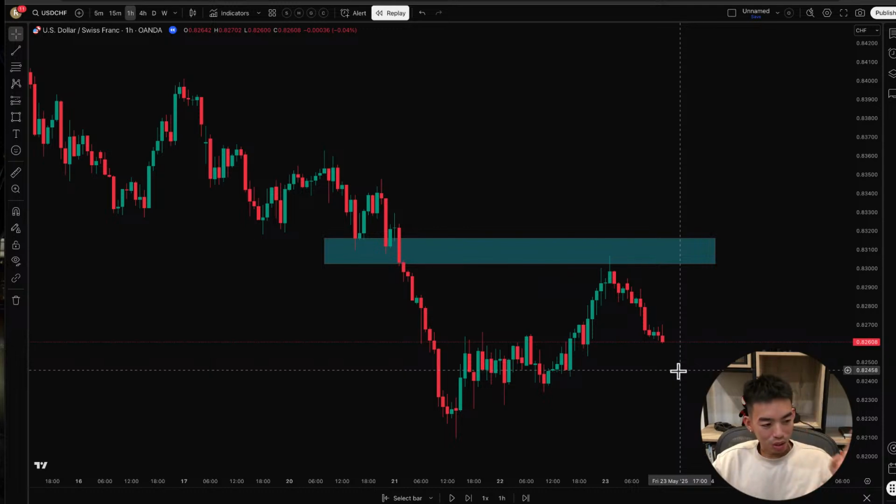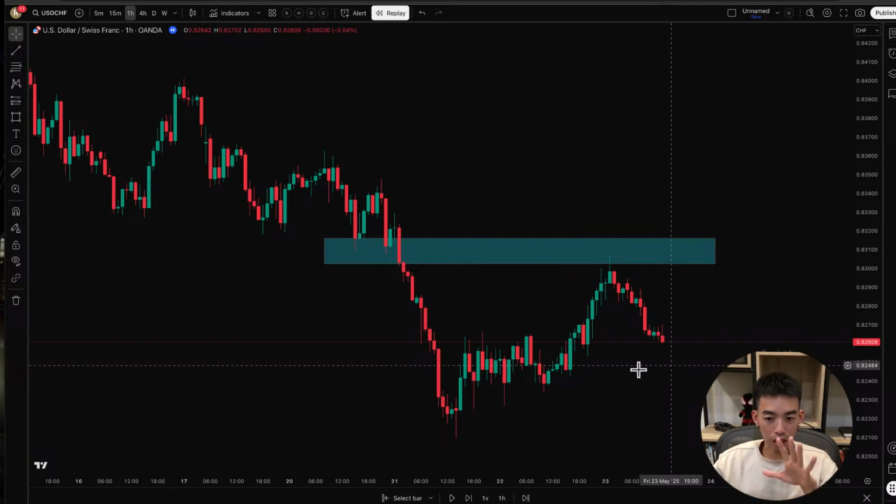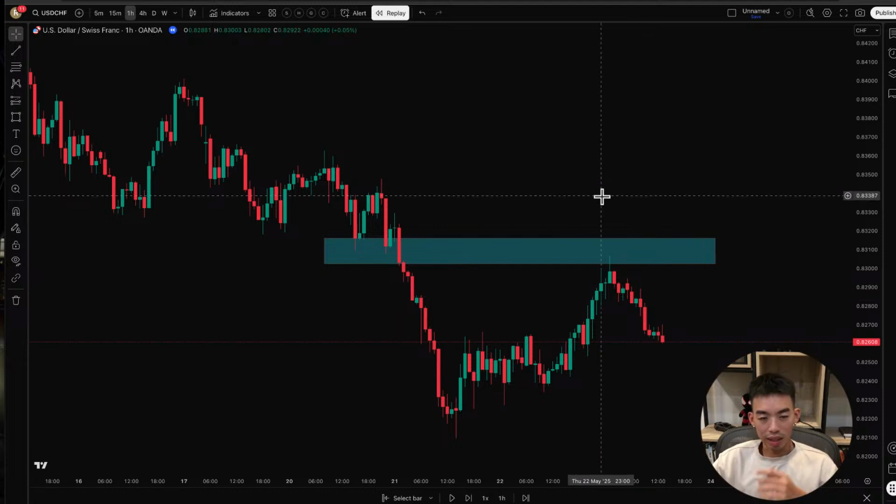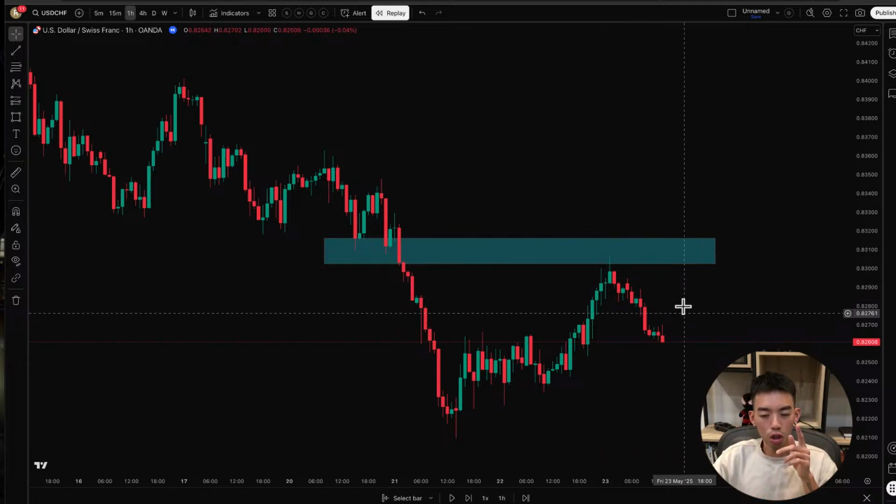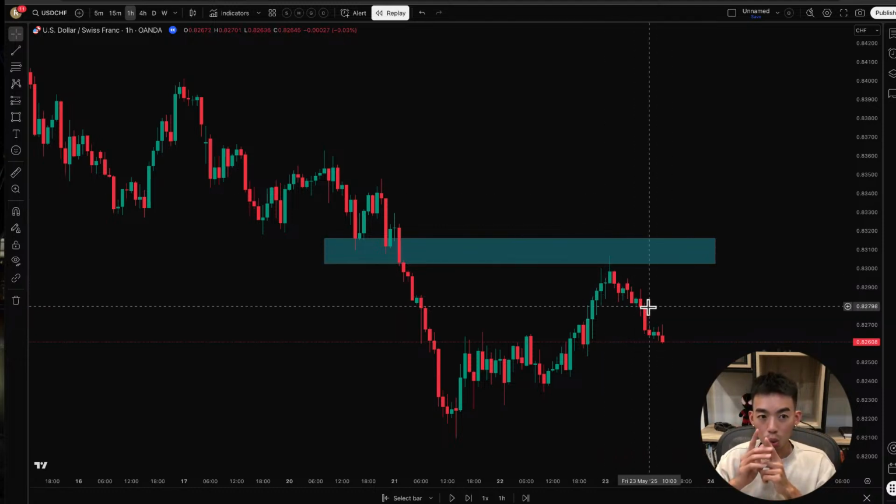So this is the entry time frame because we can see all the detail of the separation between the swings here. Now, if that's the entry time frame and you're looking at this right now, you first want to figure out which time frame on dollar Swiss is the analysis time frame.